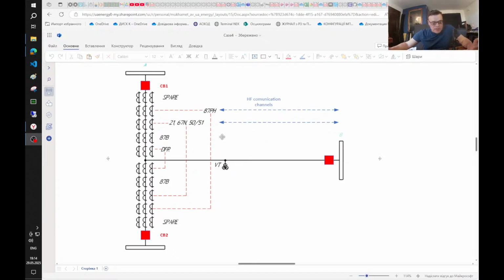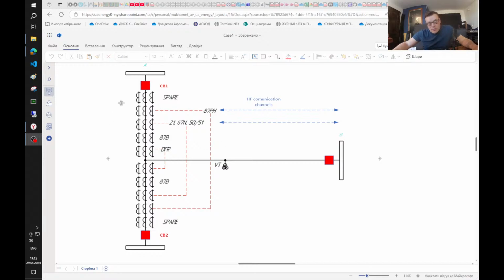We will start with a quick review of the primary scheme and of the protection philosophy, because to discuss the sequence of events we need to understand how it should work.